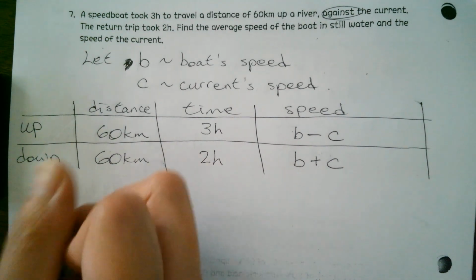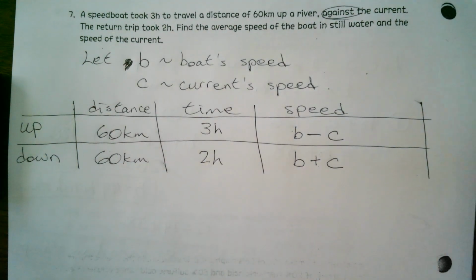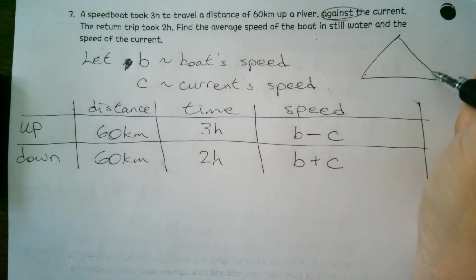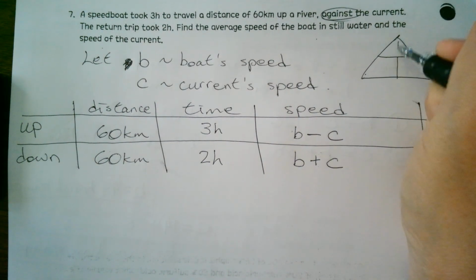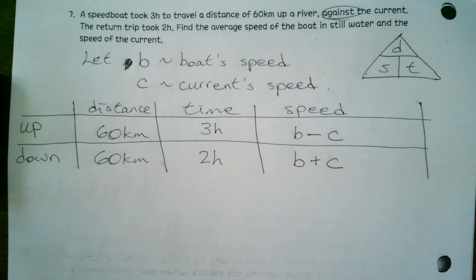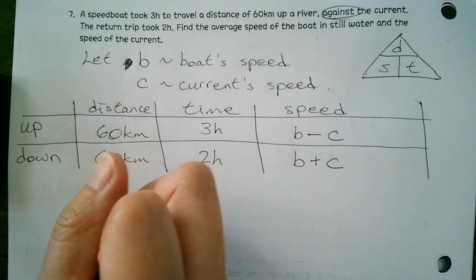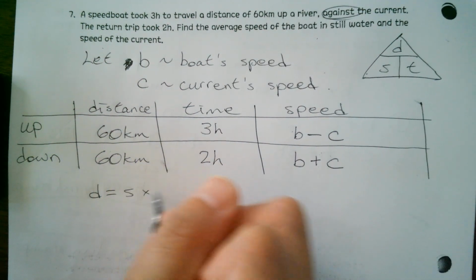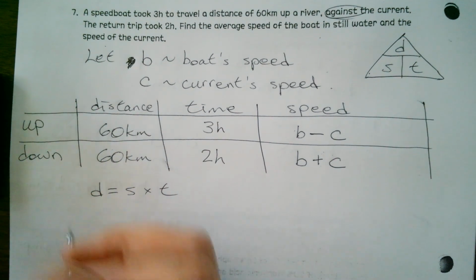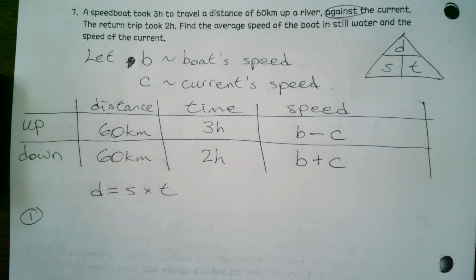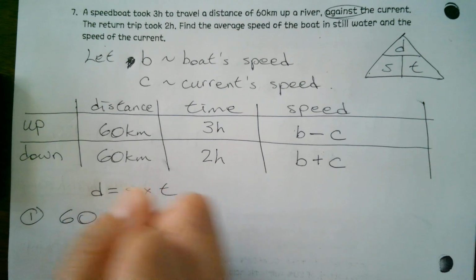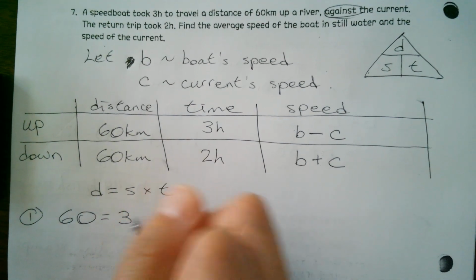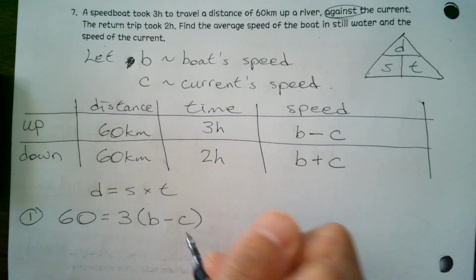Okay. So now we can do the triangle. This distance, speed, time triangle. That means the equation is distance equals speed times time. Following this format, we can set up our first equation: 60 equals 3 times (B minus C).